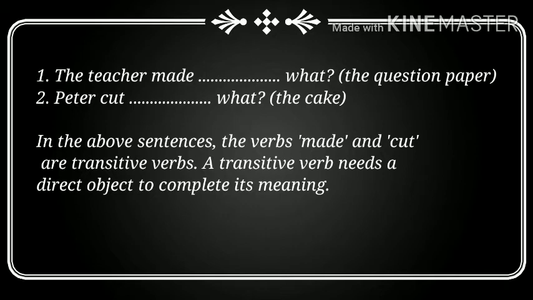Here Peter cut what? The cake. So the cake is the object here and Peter is the subject. So in the above sentences, the verbs made and cut are transitive verbs. A transitive verb needs a direct object to complete its meaning. Without object, the meaning is incomplete.